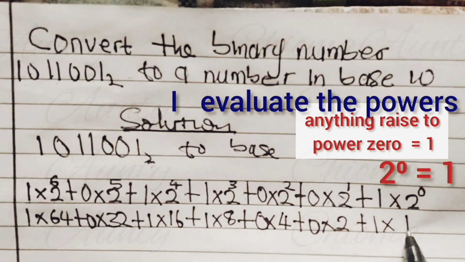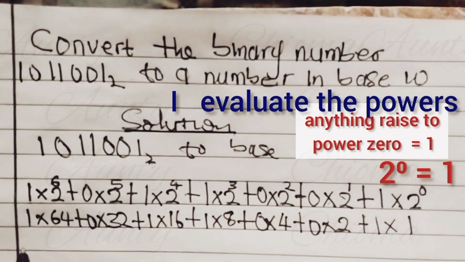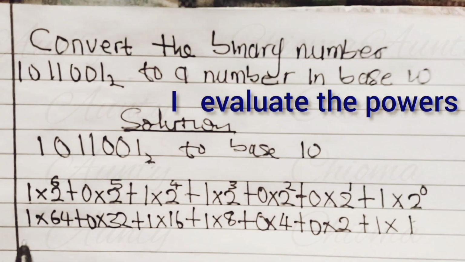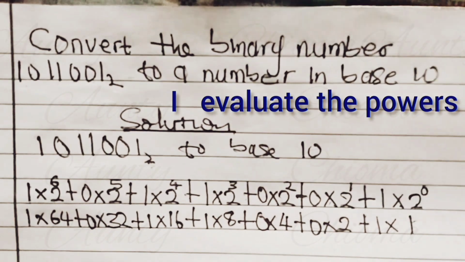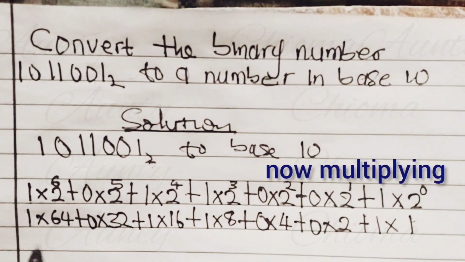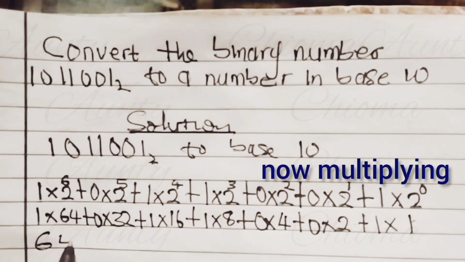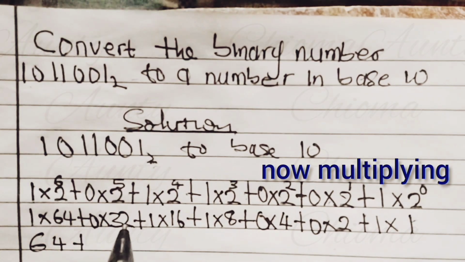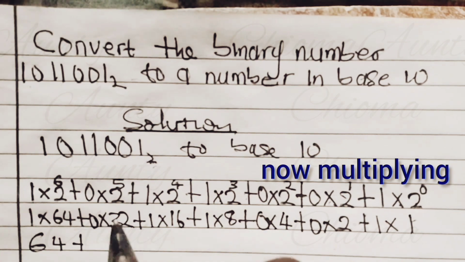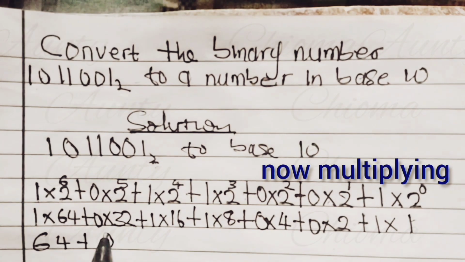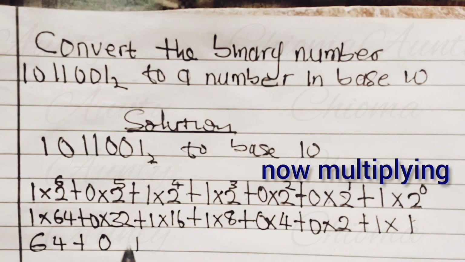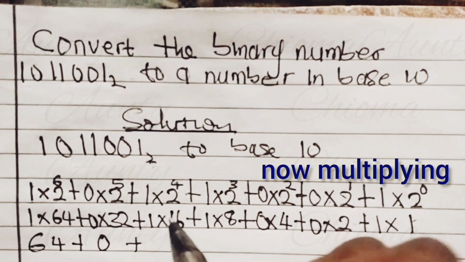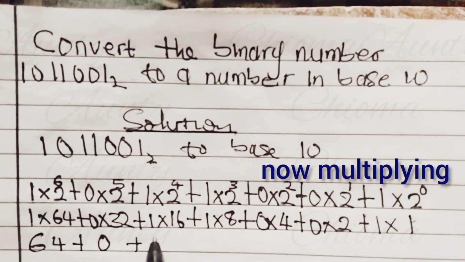We continue. We are still evaluating. 1 times 64 gives us 64. Plus 0 times 32. Anything multiplied by 0 is 0, so this one gives us 0. Plus 1 times 16. Anything multiplied by 1 is the same number, so this gives us 16.